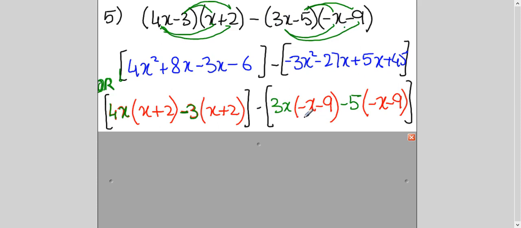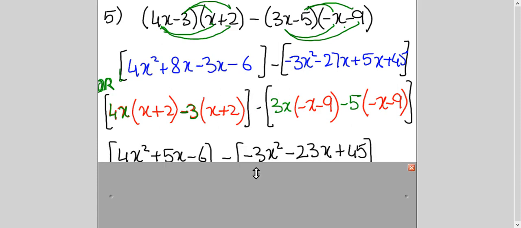So writing it separately here. And minus 5 multiplying by minus x minus 9. So it's up to you, but gradually you have to learn how to do it directly. Because you see, these types of questions come in paper 1 and there is very little space. You don't have to write too much in that little space. So you need to practice this direct method with gradual practice.